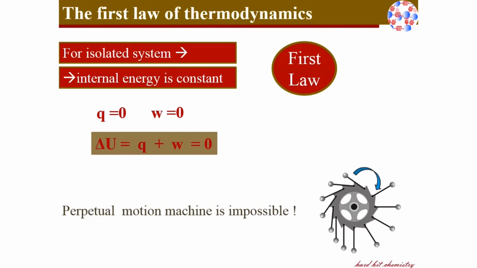This is not possible, because once you give the energy, this machine would be giving out work for an indefinite period. This cannot happen because, for work to happen, you need to have energy from somewhere, according to the first law. That is why the perpetual motion machine is not a realistic one. And this impossibility of the perpetual motion machine fully demonstrates the first law of thermodynamics.